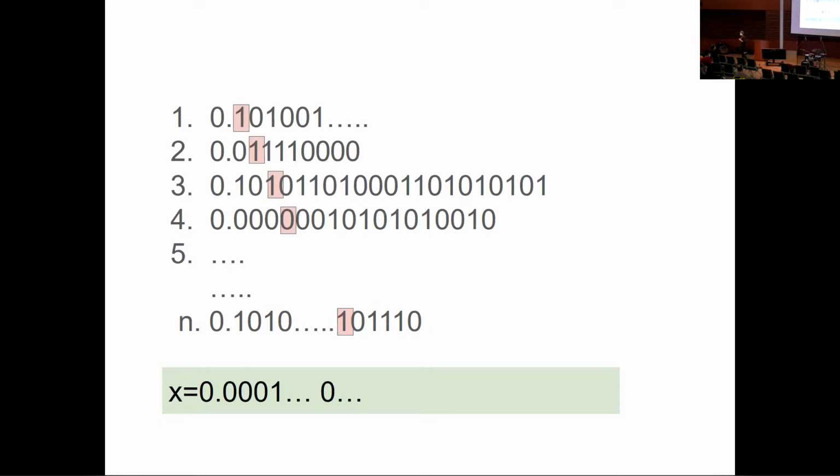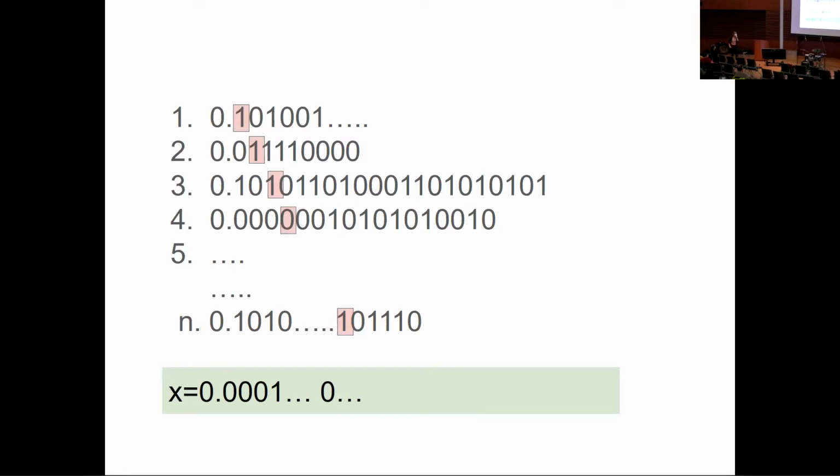And notice that x is not equal to the first guy, because they differ at least in the first element. It's not equal to the second guy, because they differ in the second element. Not equal to the third, et cetera, et cetera. So this number is not equal to any number in your list. Try as you might to list all of these numbers, I can always find one that's not in your list.